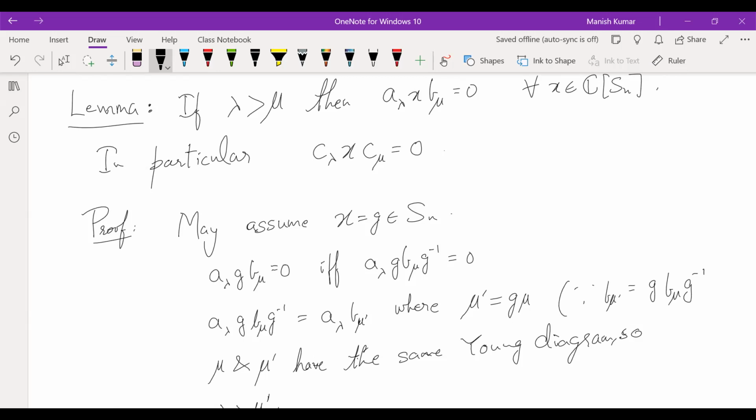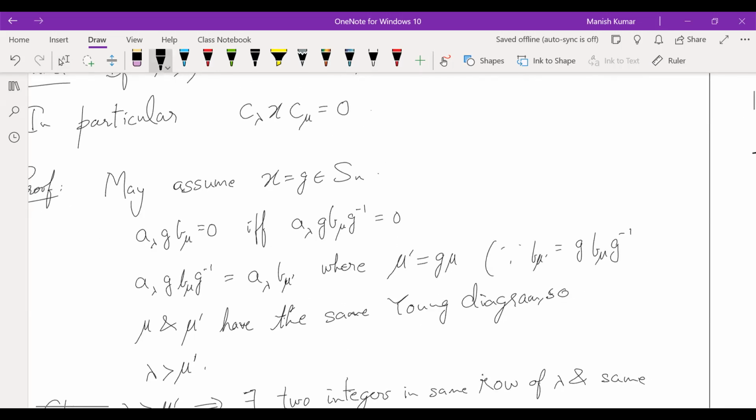Okay. So this further goes back to Q. So you want rows of mu prime to be, maybe I'll just write G mu. So you want rows of G mu. Remember, G mu is the tableau obtained by replacing the entries of mu by G of that entry.